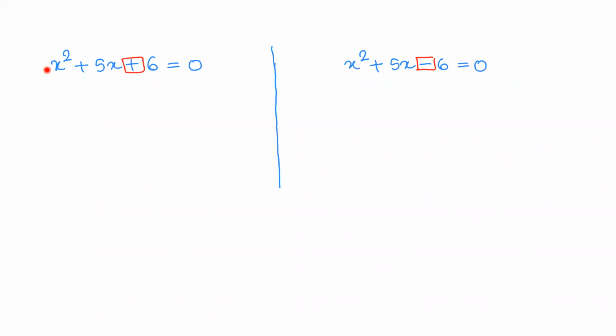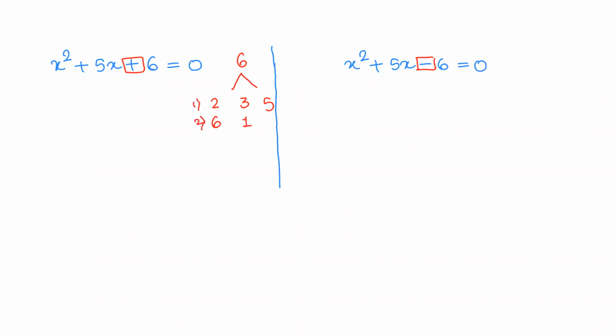So 1 multiplied by 6 gives us 6. Now we have to split the 6 in order to get the middle term 5. See what its factors are. The factors of 6 are 2 times 3 and 6 times 1. These are the two factors of 6.